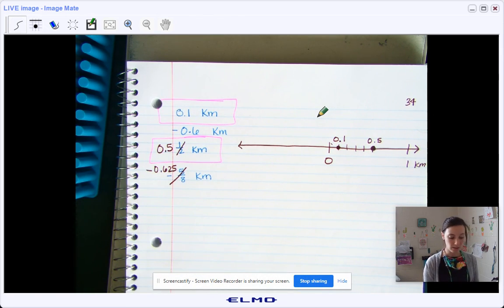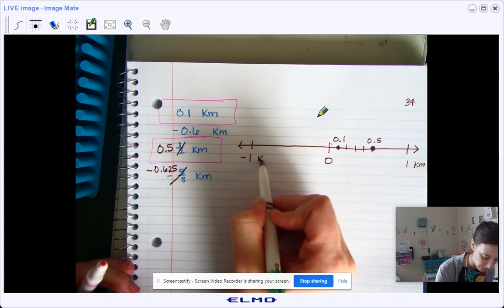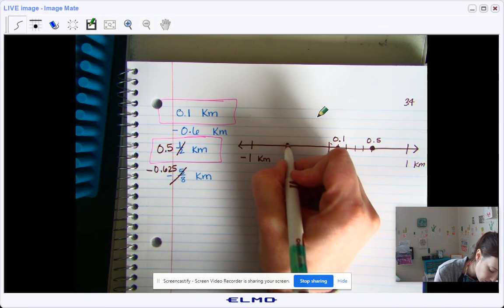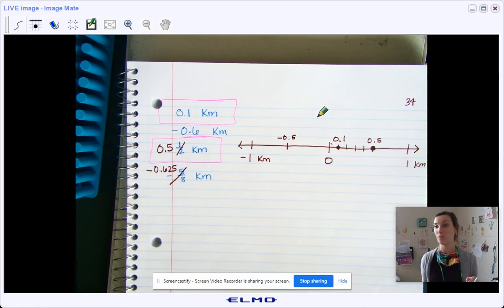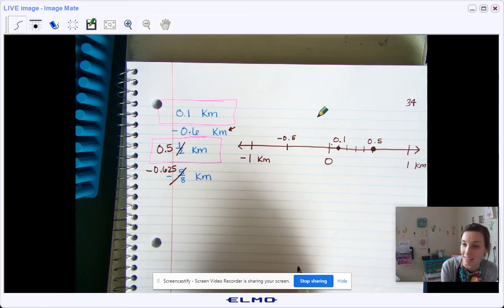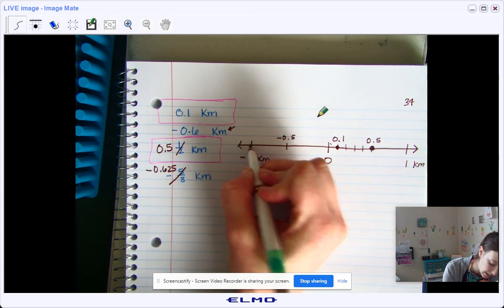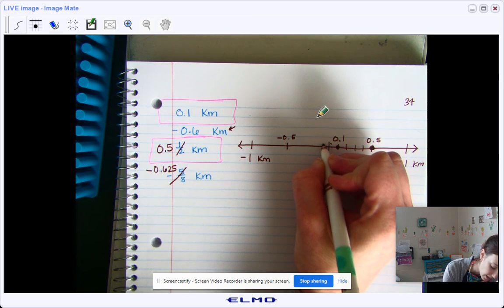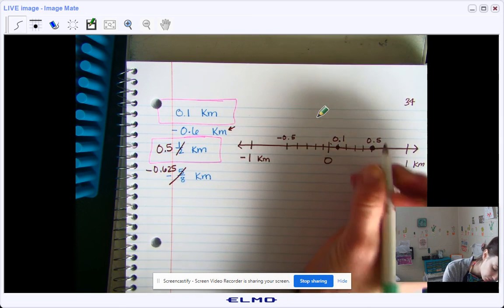Then we get to the negatives. Oh man, negatives. So if this down here is negative 1 kilometer, so 1 kilometer below sea level, we can figure out where negative half would be. Now, in terms of negative, let's start with this one, negative 6/10. If I am counting from 0 to negative 1 and halfway down is negative half, this is going to be negative 1/10, negative 2/10, negative 3/10, negative 4/10.